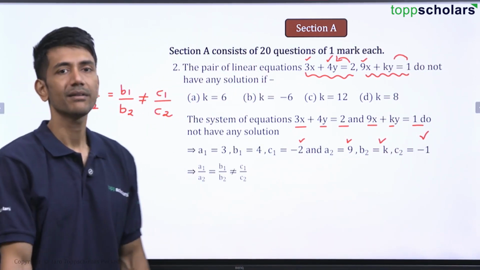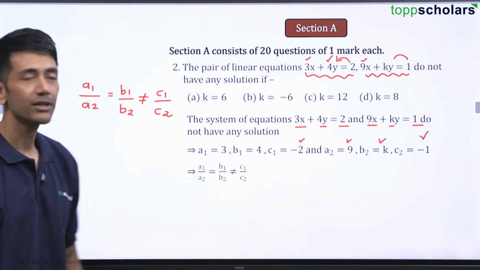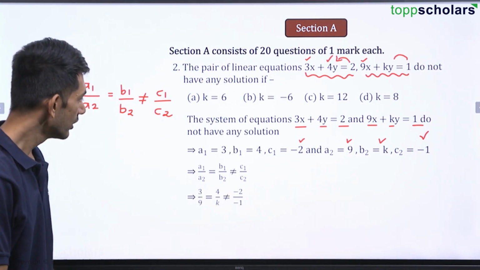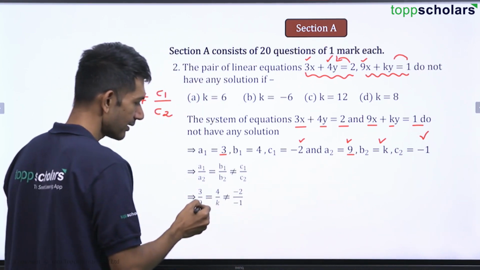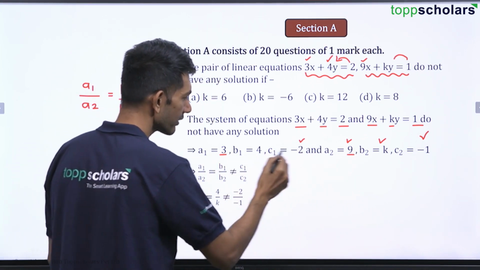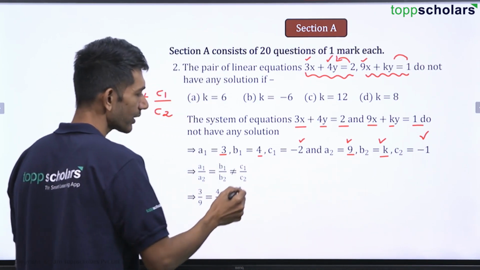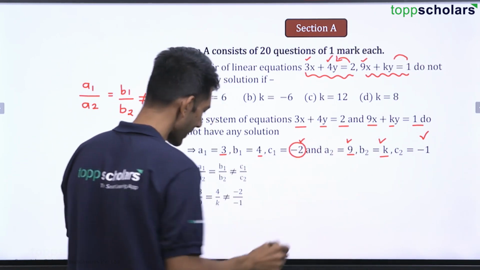So now we know that a1 by a2 is equal to b1 by b2 but is not equal to c1 by c2. So here a1 by a2, that is 3 by 9, is equal to b1 by b2, that is 4 by k, is not equal to minus 2 by minus 1.